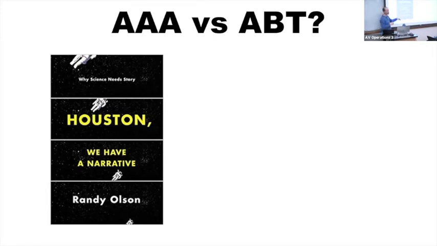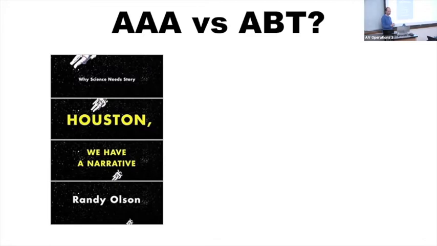The author was a faculty member at the University of New Hampshire, I believe, and decided to give it all up, give tenure up, and become a screenwriter. He struck out for Hollywood, and he did it. He became a screenwriter, produced a couple of science documentaries, and now travels the country serving as a consultant for science communication.